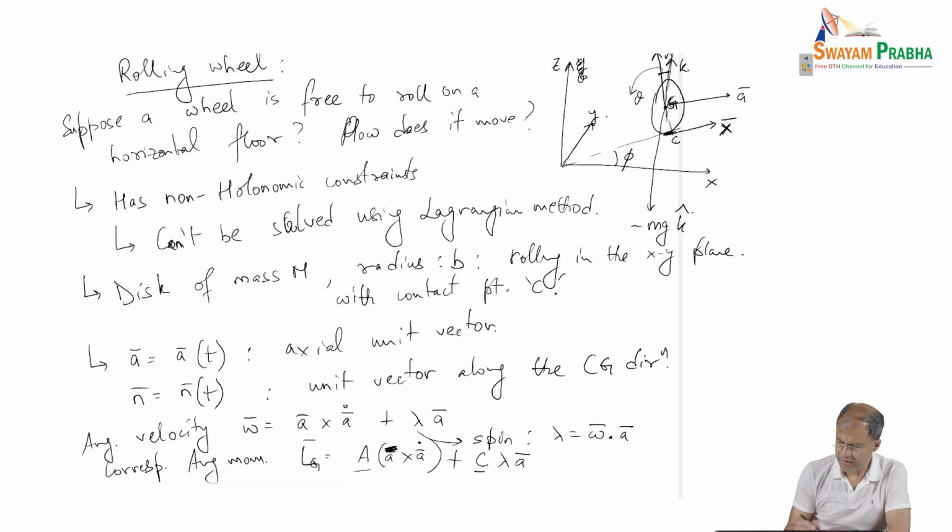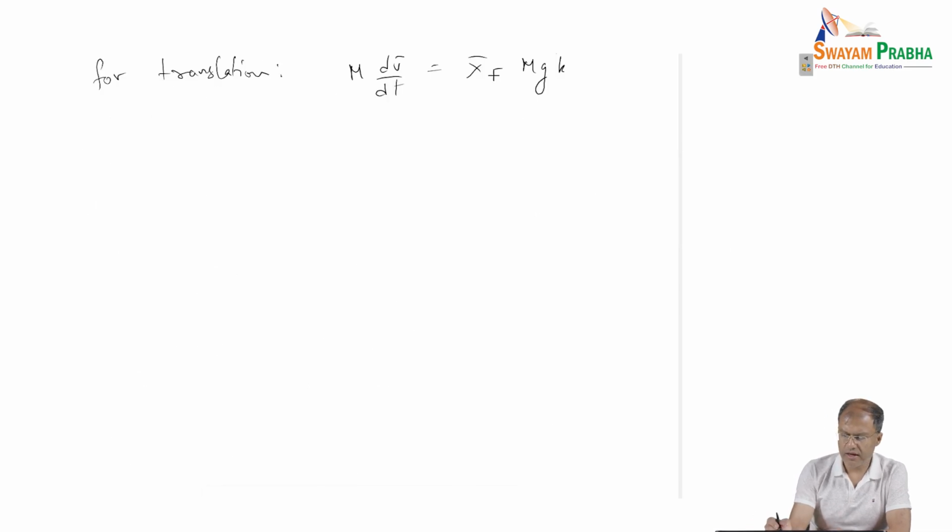So we have X being the normal reaction, and mg k is the weight of the object acting along the negative k hat direction. So the vector X already includes the direction, so we don't need to worry about the direction of this unknown reaction force.